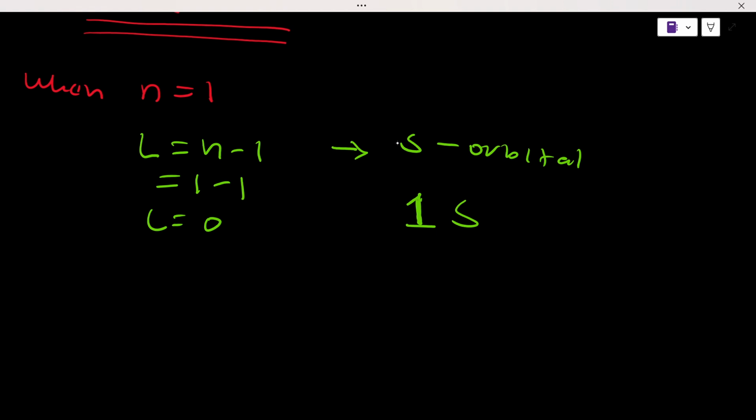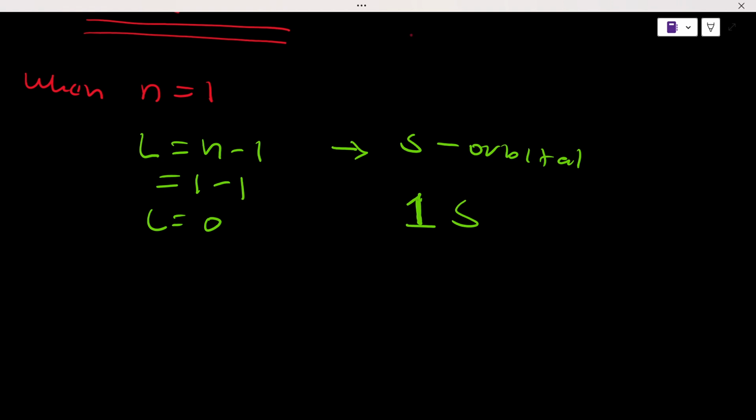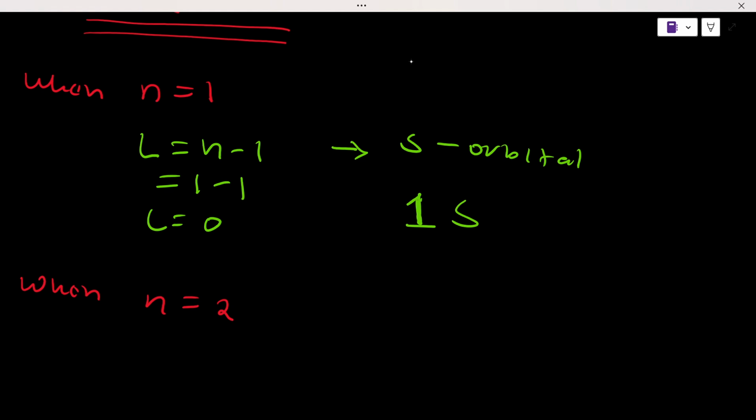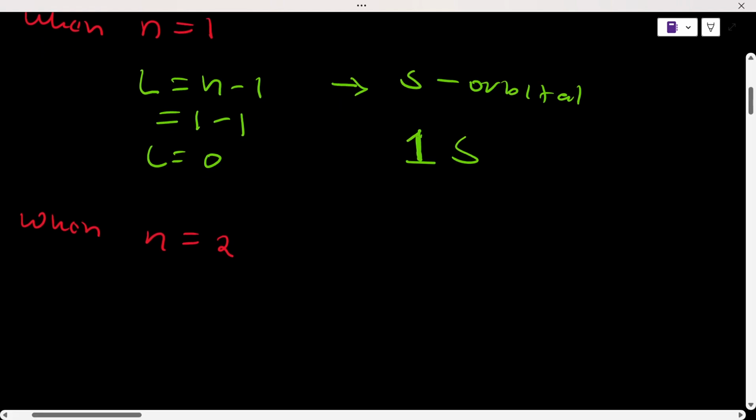Next, when the principal quantum number n is equal to 2, what is the relationship?